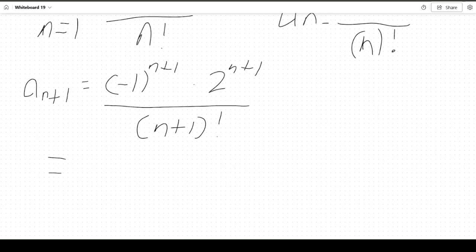So we can distribute this. We can just do negative 1 to the n times negative 1 to the power 1, because if you multiply these, it's basically this.